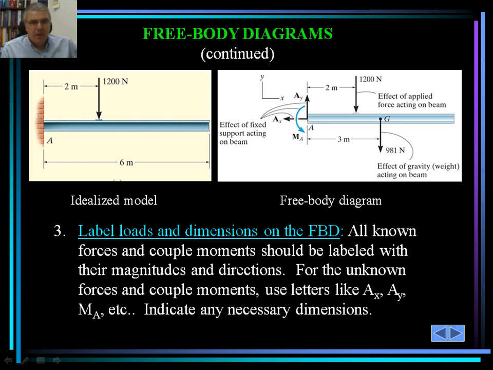Proper labeling would help us to identify the reactions correctly, and it would really simplify the problem itself. So labeling is also important. Don't just label them any way you want. Make sure, for example, in this case, A sub x is the x component of the reaction at A, A sub y is the y component of the reaction at A, and so on.